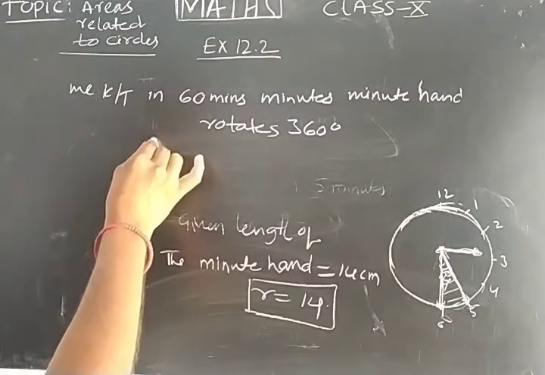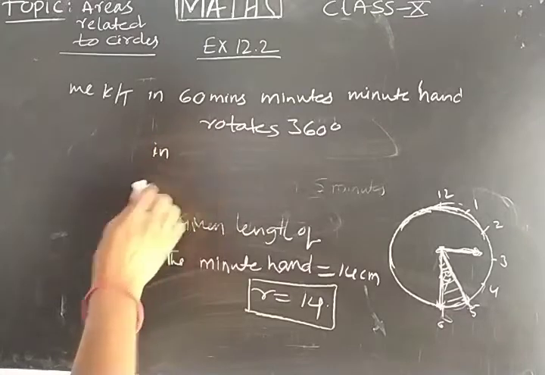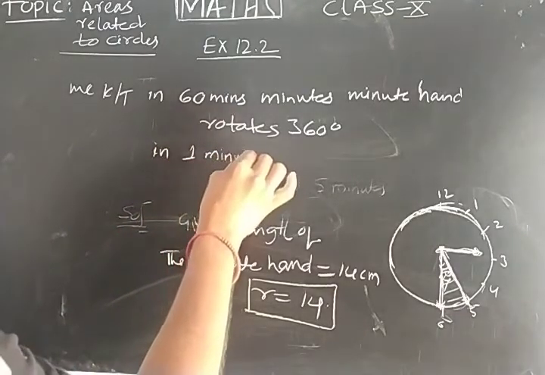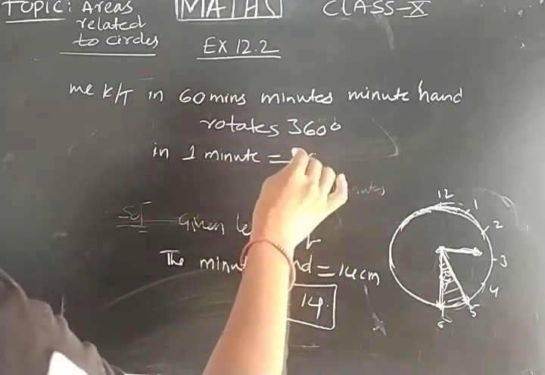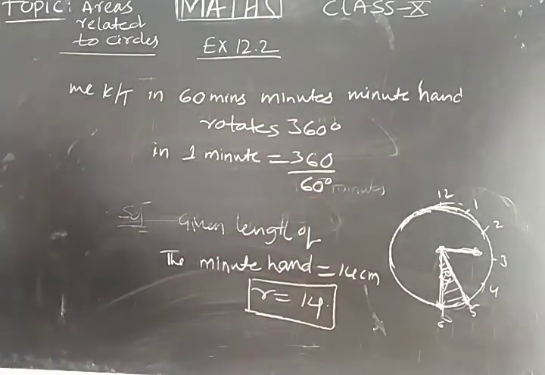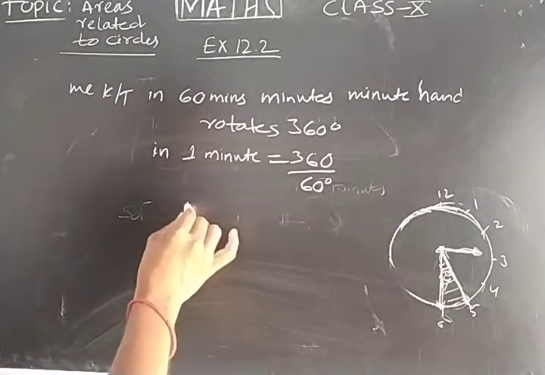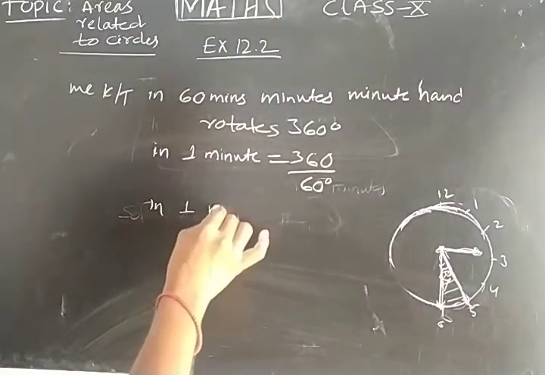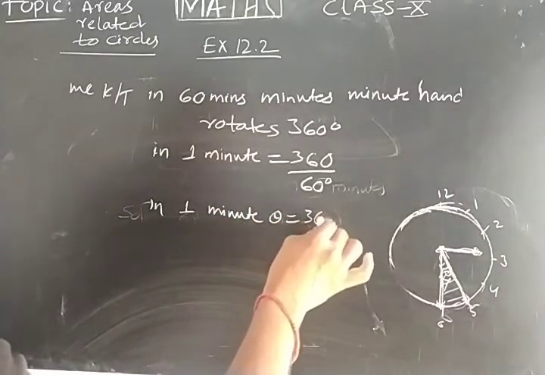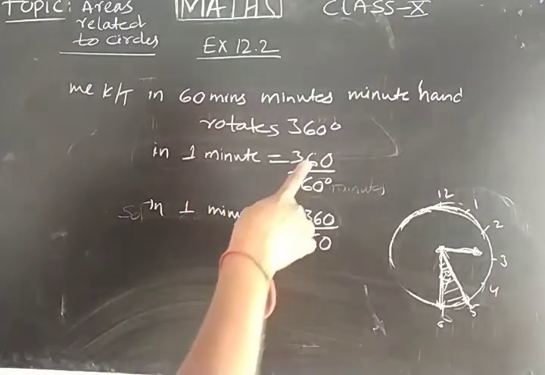If it rotates 360 degrees in 60 minutes, in 1 minute how many degrees will it rotate? In 1 minute it will rotate 360 by 60 degrees, right? So in 1 minute, theta equal to 360 by 60.